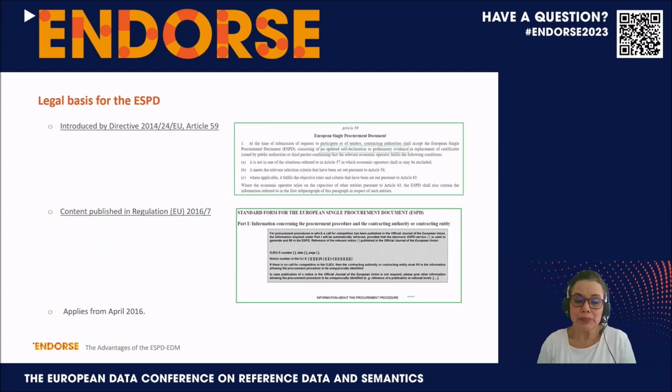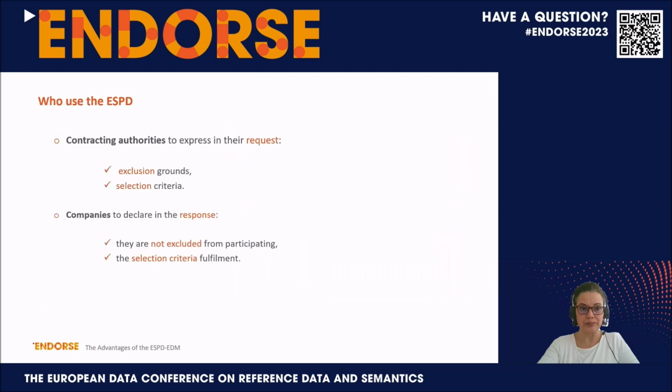The ESPD document doesn't come from heaven. It was introduced in 2014 by Directive 24. The contents of the form itself were published in Regulation number 7 in 2016, and it has applied since April 2016.